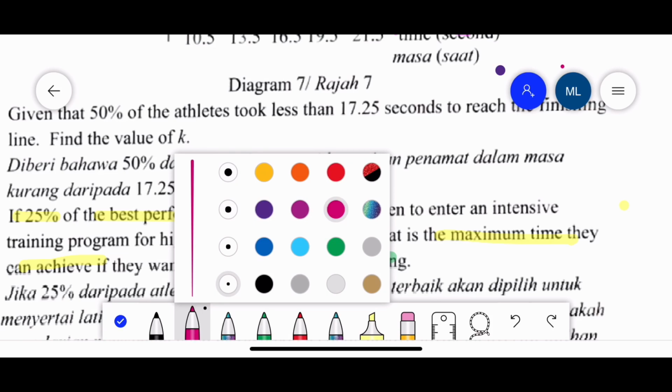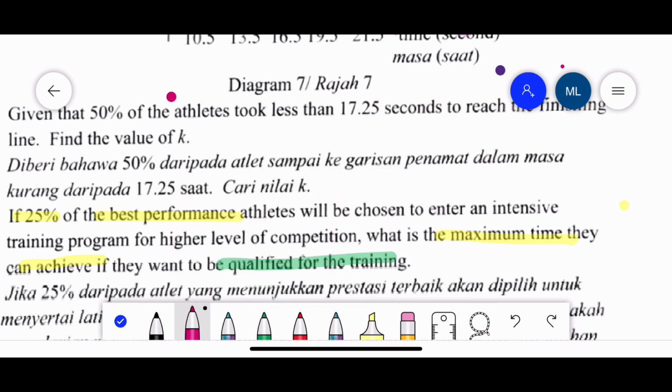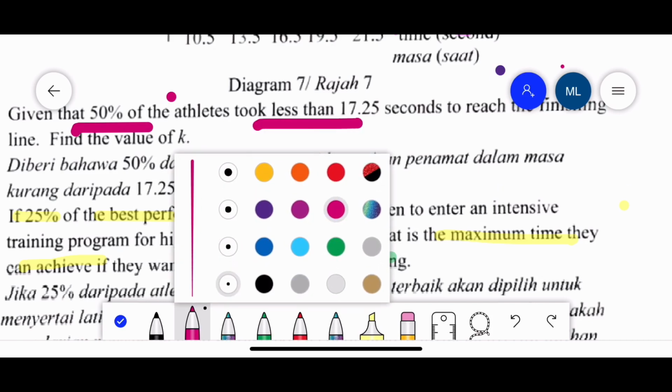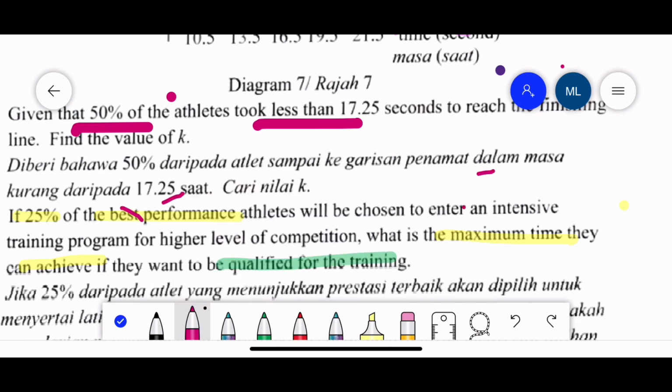Okay, now you see the question asking that 50% of the athletes took less than 17.25. So when you see 50%, of course it is the median. That means the median was given, which is 17.25.